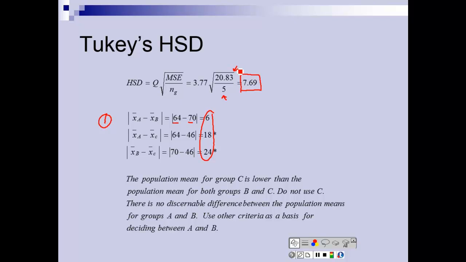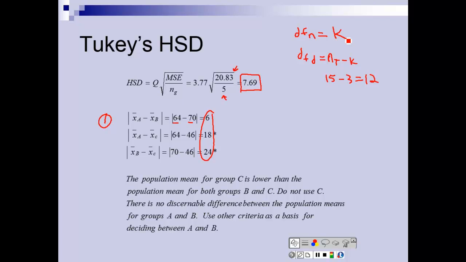Okay, so for Q, we'll use the Q table. So I've given you 2 tables, the F table and the Q table. And the degrees of freedom in the denominator is the same that we had for the F test. Remember, the total sample size minus K, or 15 was our total size, minus K was 12. So that's exactly the same. The degrees of freedom for the numerator is just K. Don't subtract the 1.